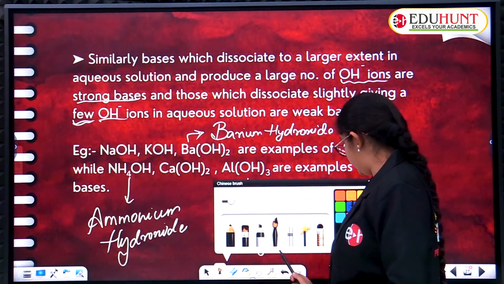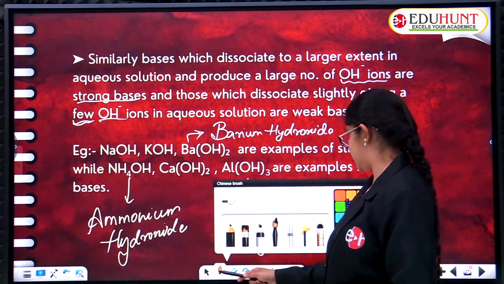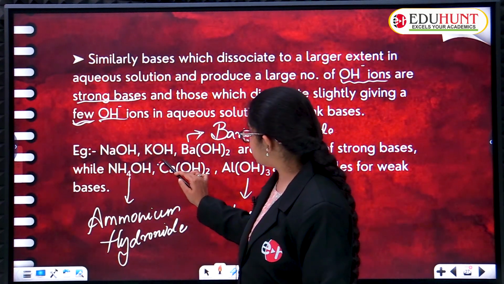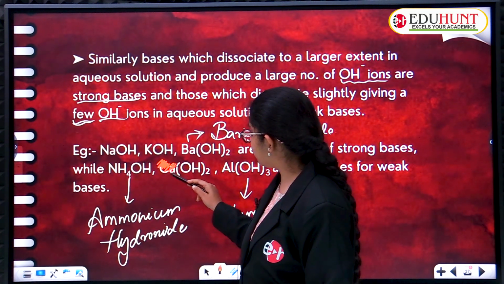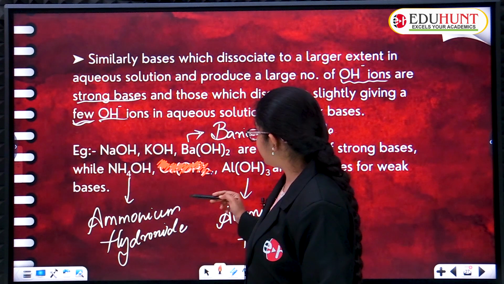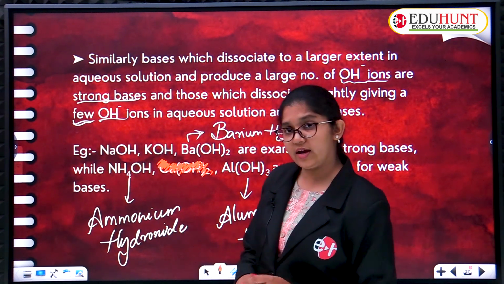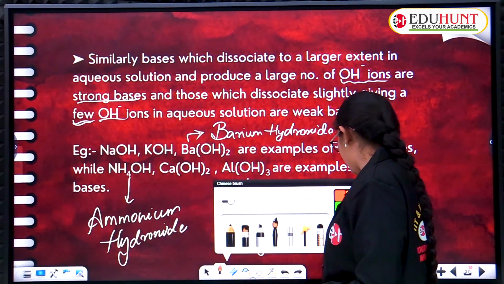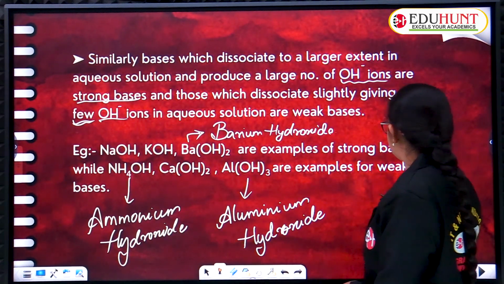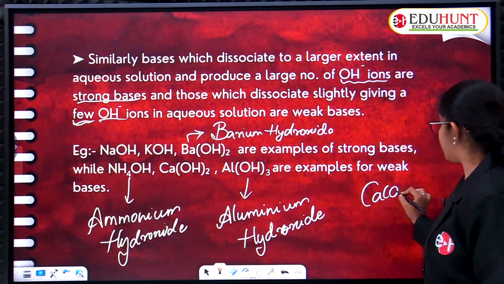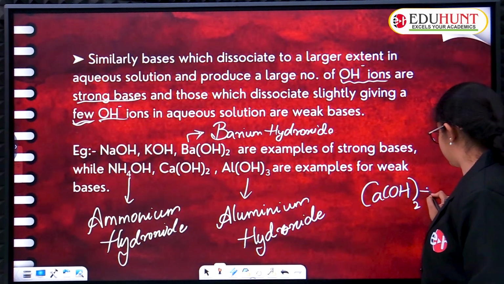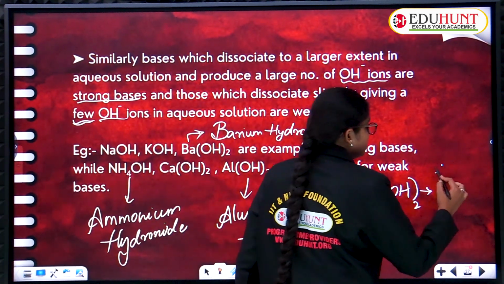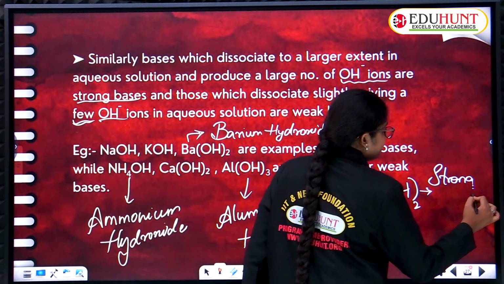And here children, I want to do a small correction regarding this. Here, calcium hydroxide is given, no? This is regarded as a strong base, okay, but not as a weak base. You know why? Because Ca(OH)2 is having some exception, that is Ca(OH)2 is a strong base.